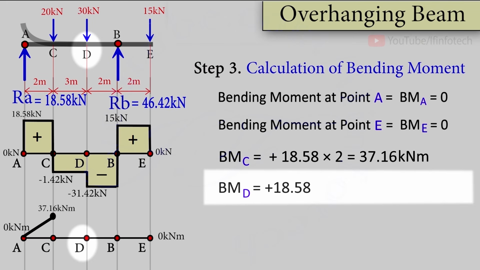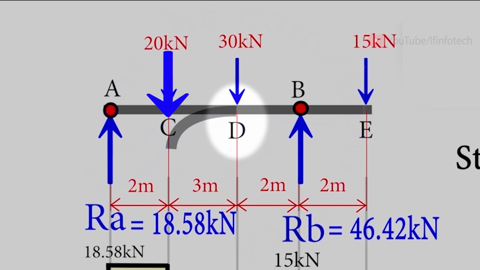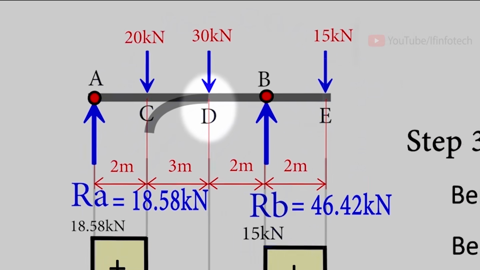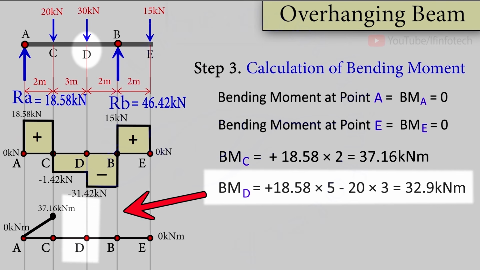So the force is plus 18.58 kN into distance from point of action of force, which is 5 meter, and there is another force of 20 kN which is a downward force, and due to this force the effect on the beam is hogging effect, and for hogging effect our sign convention is negative. So the force into distance from point of action of force, which is 3 meter. So the value of bending moment at point D is 32.9 kN. And here, since the bending moment value is positive, I will mark 32.9 kN above the horizontal reference line of the bending moment diagram.